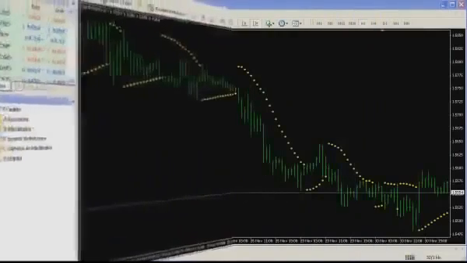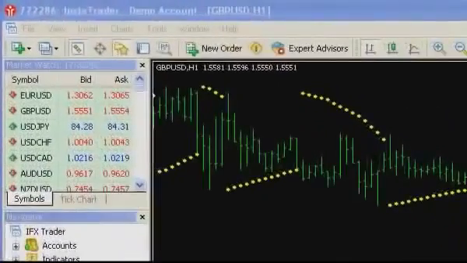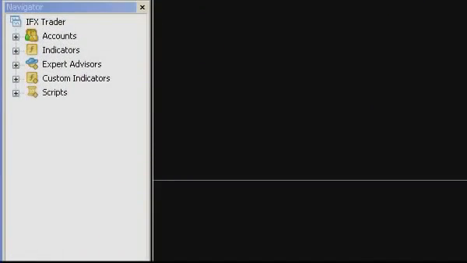Let us plot the Parabolic on the chart. The trading platform InstaTrader supports a great number of indicators and oscillators, including the Parabolic SAR Indicator. It is very easy to plot the Parabolic on the chart of the chosen tool in InstaTrader.